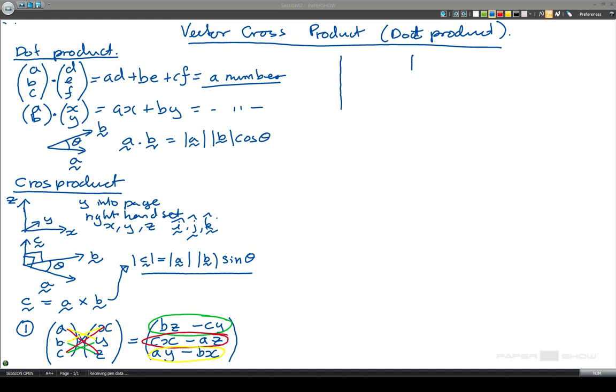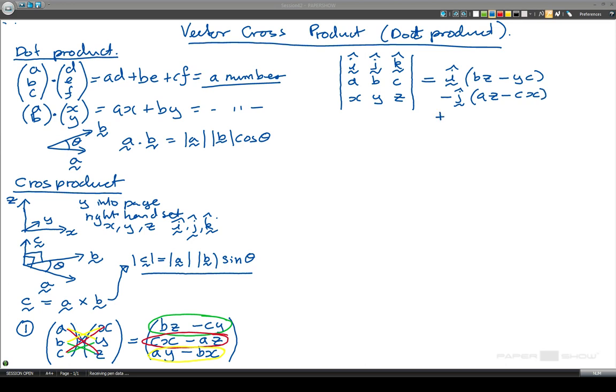Another way that people do this is to write down a 3 by 3 determinant with i, j and k along the top row, and then A, B and C and X, Y and Z. And we know that if we calculate this determinant, that determinant is going to be i hat times (BZ minus YC), minus j hat of (AZ minus CX), plus k hat of (AY minus BX).